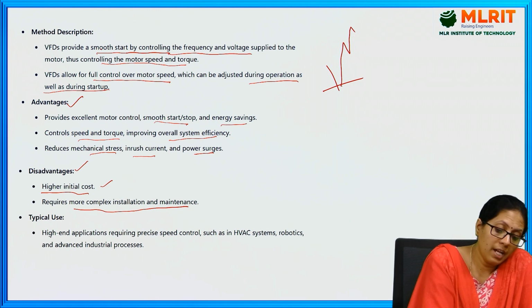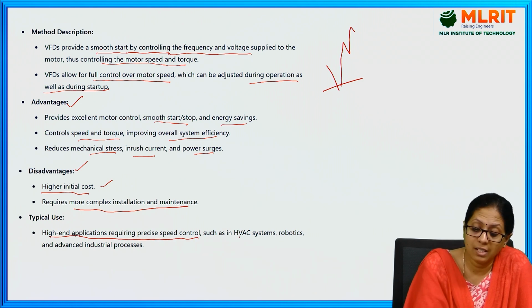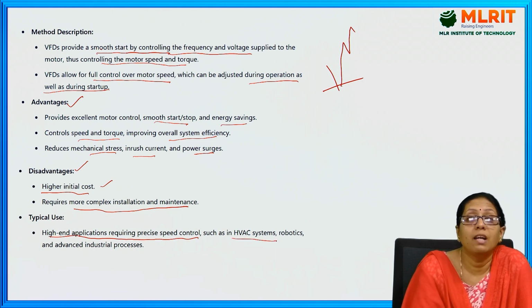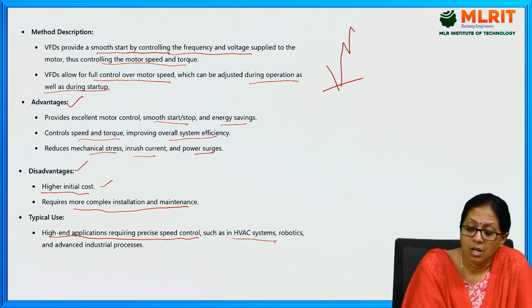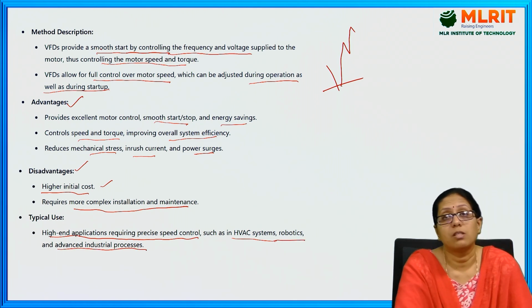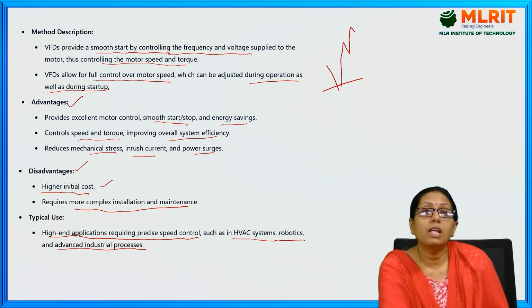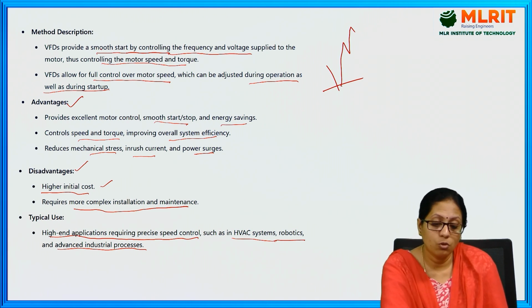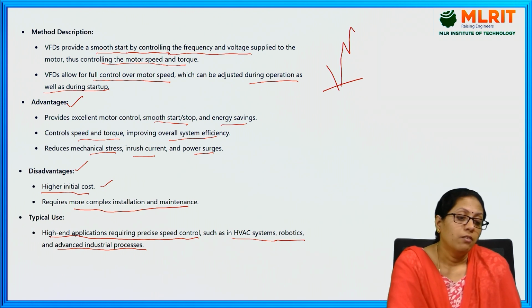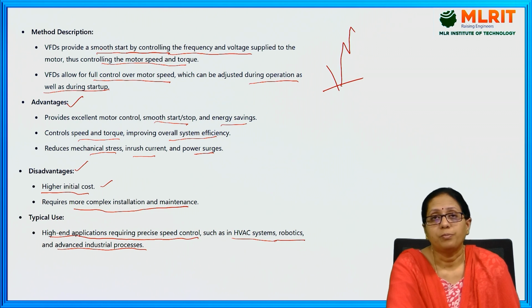The high-end applications requiring precise speed control, such as in HVAC, high voltage AC systems, robotics as well as advanced industrial processes. So mostly in industries and in high voltage AC applications as well as in robotics, we will be using this particular VFD type of controlling in the motors.